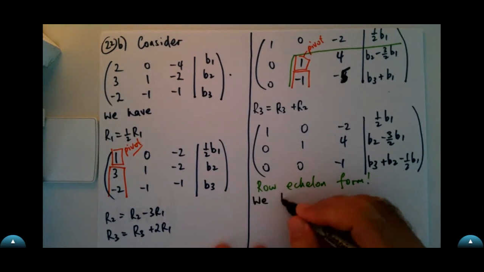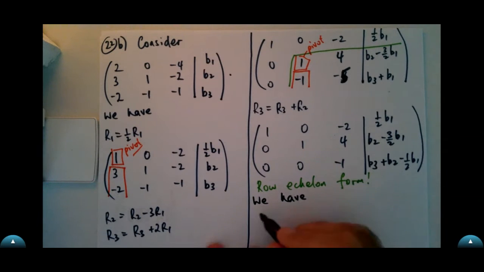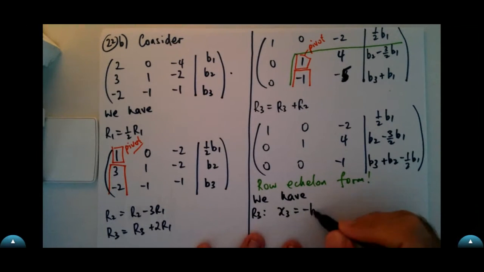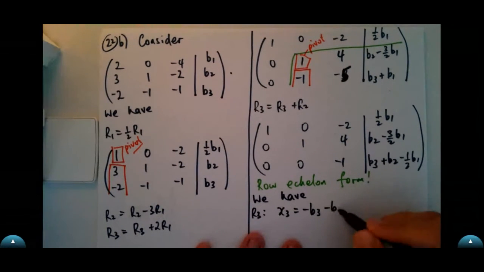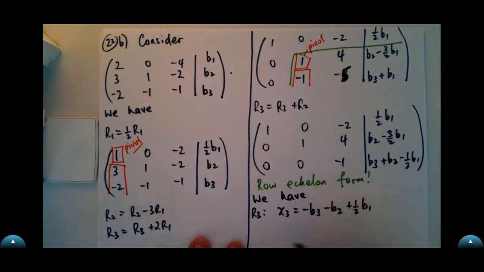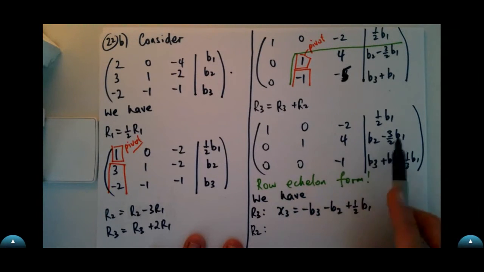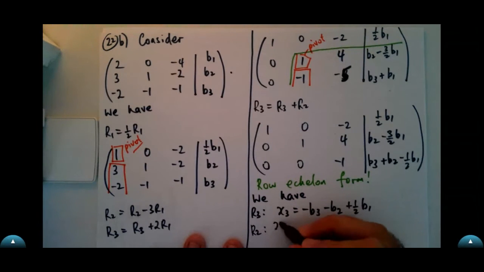So from row 3, x3 equals this. Row 2 says x2 plus 4x3 equals that.